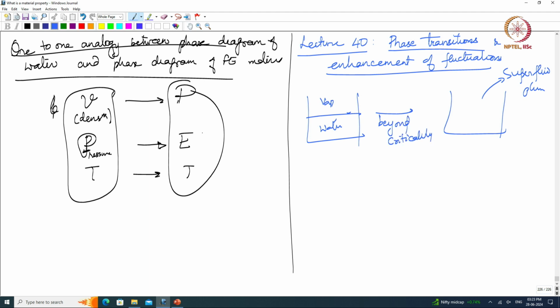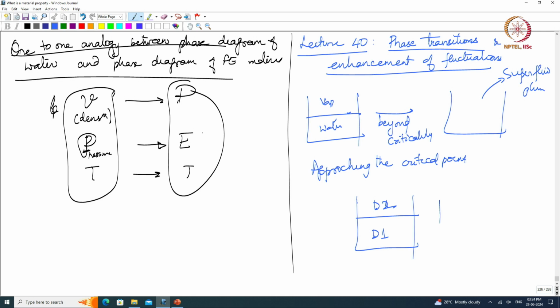But what happens when you are approaching the critical point is that vapor has density 2, water has density 1. So your density is your order parameter. Now you will see that as you are approaching, there are going to be huge fluctuations in densities.